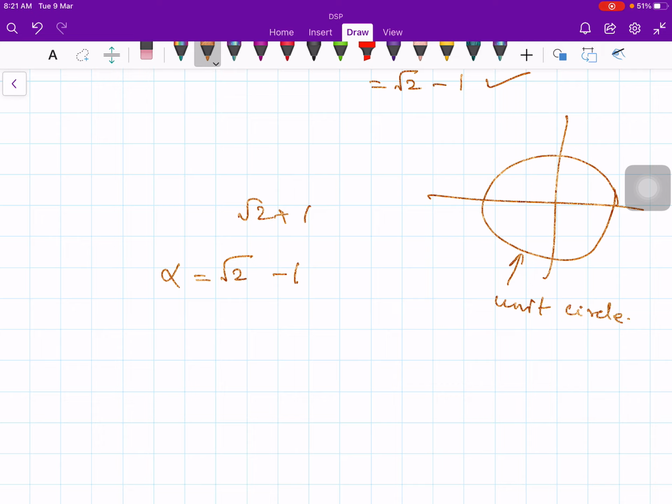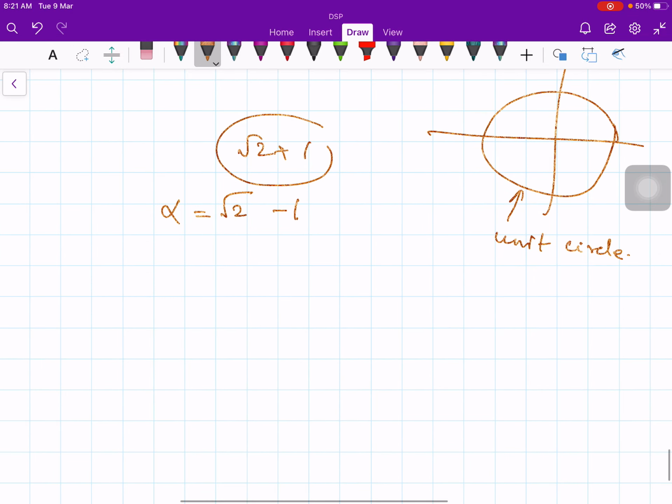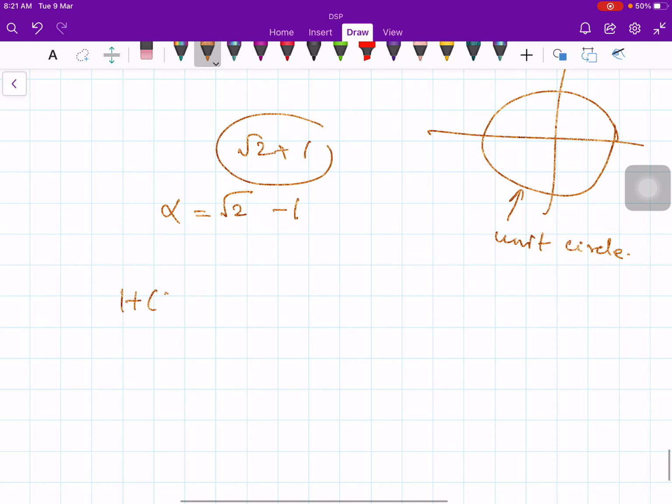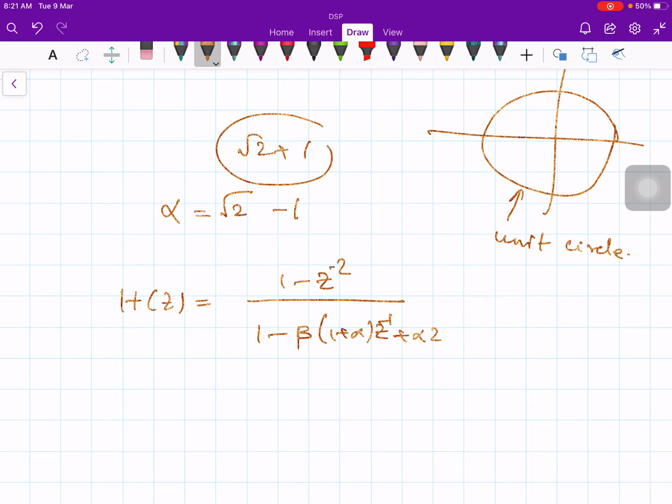So make sure that the poles lie inside. If you take root 2 plus 1, the poles may lie outside the unit circle. Let us verify that, no problem. Now H of z is equal to 1 minus z to the minus 2, 1 minus beta times 1 plus alpha z inverse plus alpha z to the minus 2, 1 minus alpha by 2.